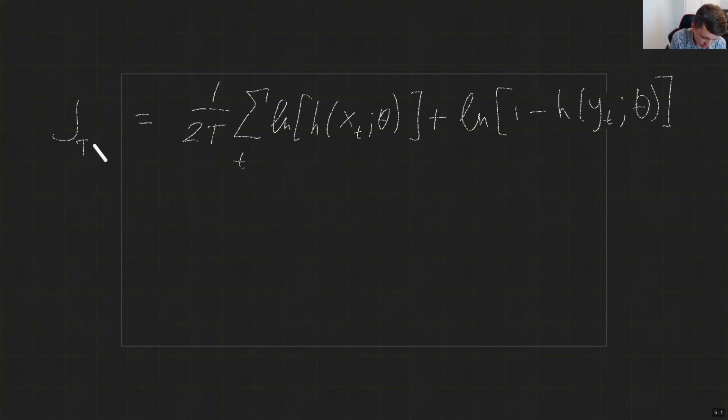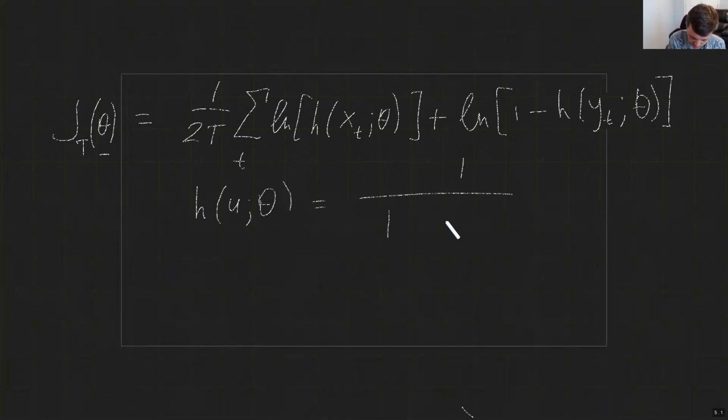So J, and so on. The objective is that you want to find the parameters, and the H function with some input U is our logistic sigmoid of G of U. The parameters are of G. In the end, those parameters just trickle down to G. And G of U is the log odds.